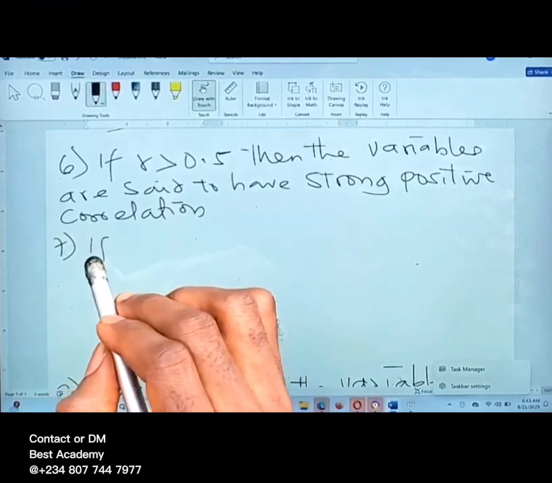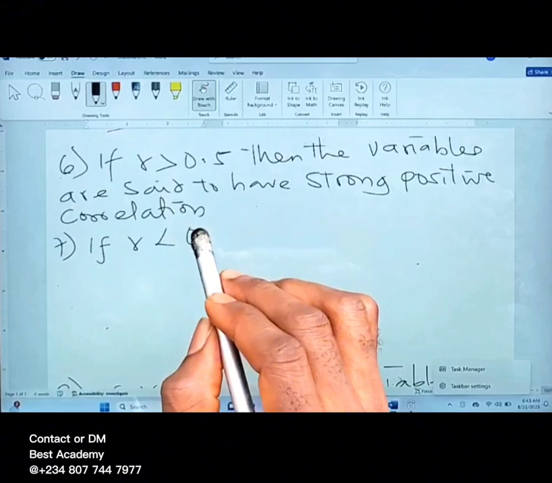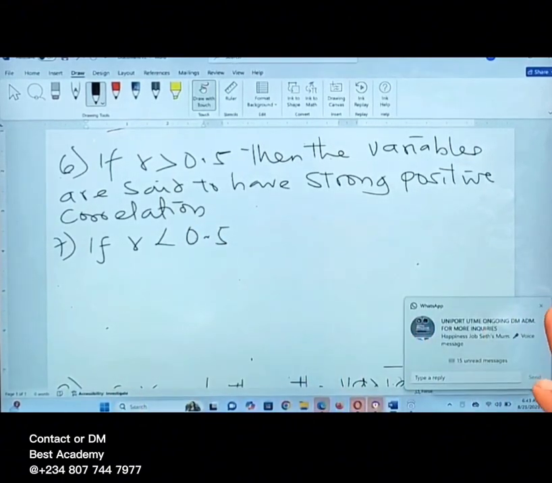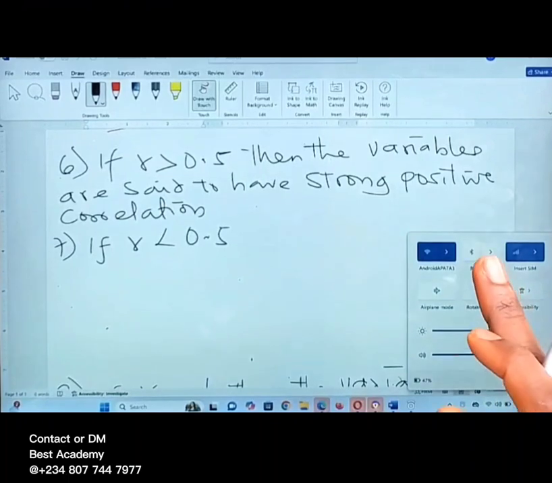7. If r is less than 0.5, please take note of this.